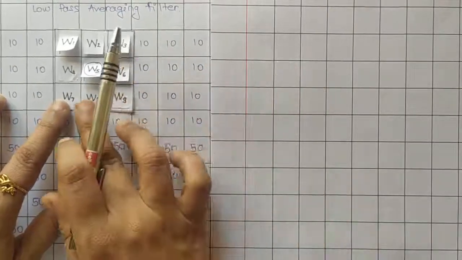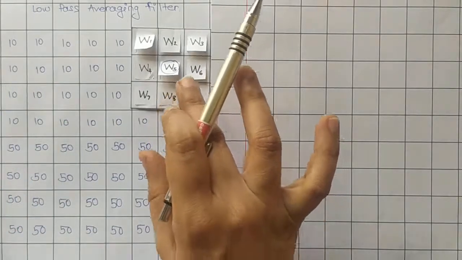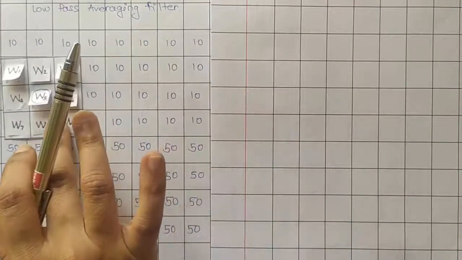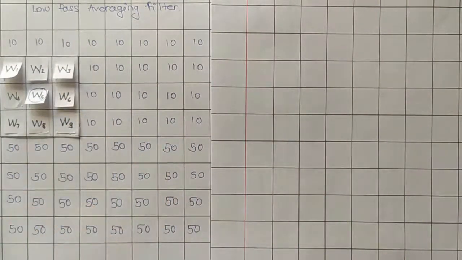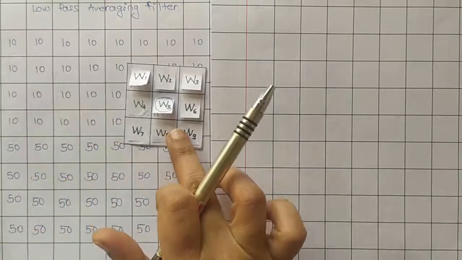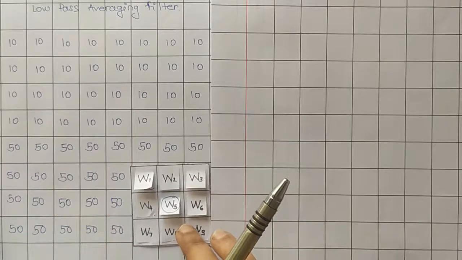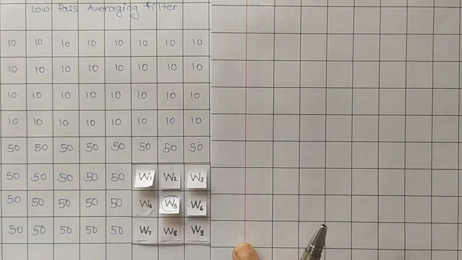Once we reach the end location, we shift the mask one position down and repeat the same procedure for the next row. Like this we move the mask, up to the last position, doing the mask multiplication process.